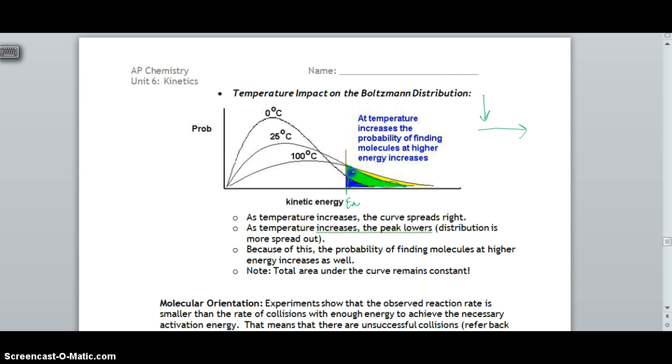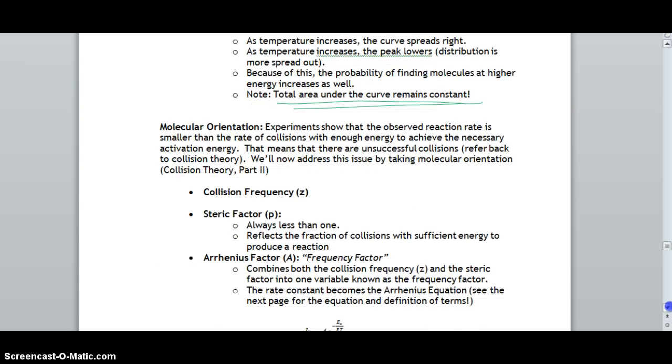So now all of these particles, right, the blue and the green. So notice you're increasing the number of particles that have enough kinetic energy for a successful collision. And then the last one at 100 degrees Celsius, again, we've smushed and we've shifted right. And so now we've got all these particles that now have enough energy for the reaction to take place. And so this is key. The total area under the curve remains constant.